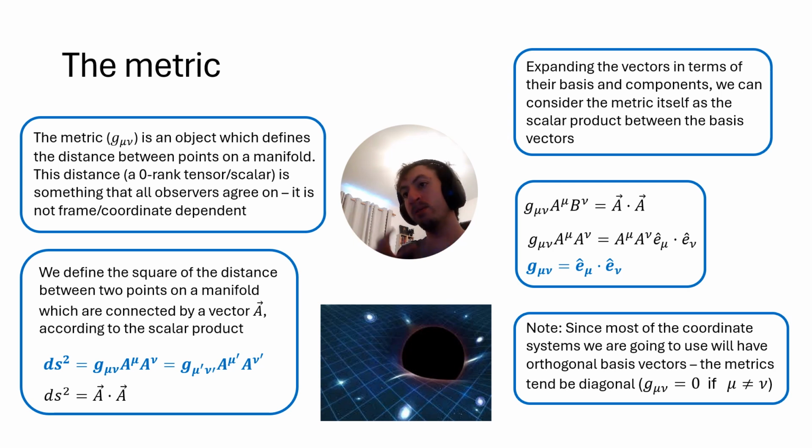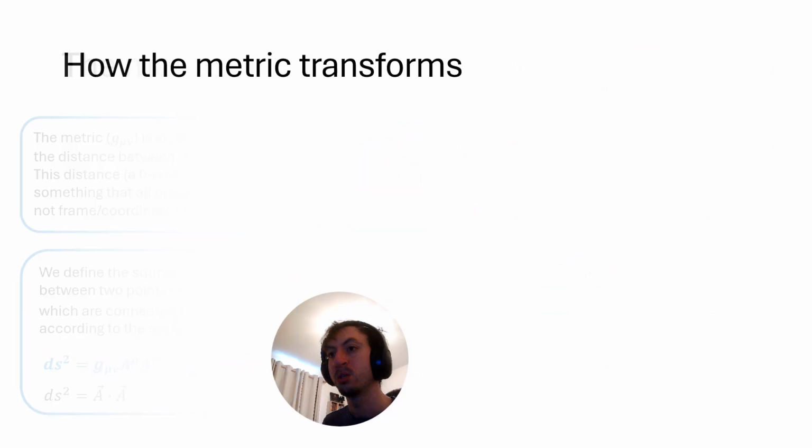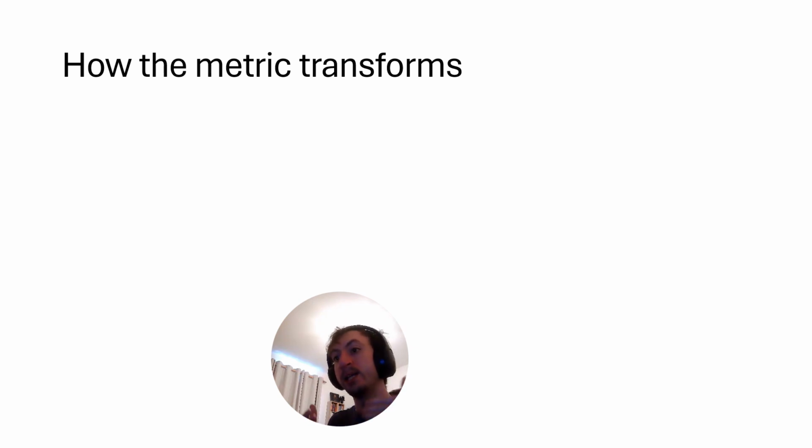But anyway, we talked about the metric, and we've talked about calculating the components of a metric in one coordinate system. Now we're going to look at calculating the components of the metric in a different coordinate system. So we've looked at what the metric is. We've seen it's related to the distances between events in space-time, or distances between points on the manifold connected by a vector.